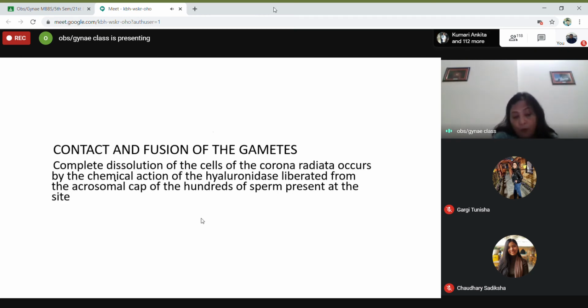When the ovum comes from the ampullary part of the fallopian tube and meets sperms, hundreds of sperms are present around the ovum, and from the heads of the spermatozoa hyaluronidase is liberated, and then there is complete dissolution of the cells of the corona radiata.